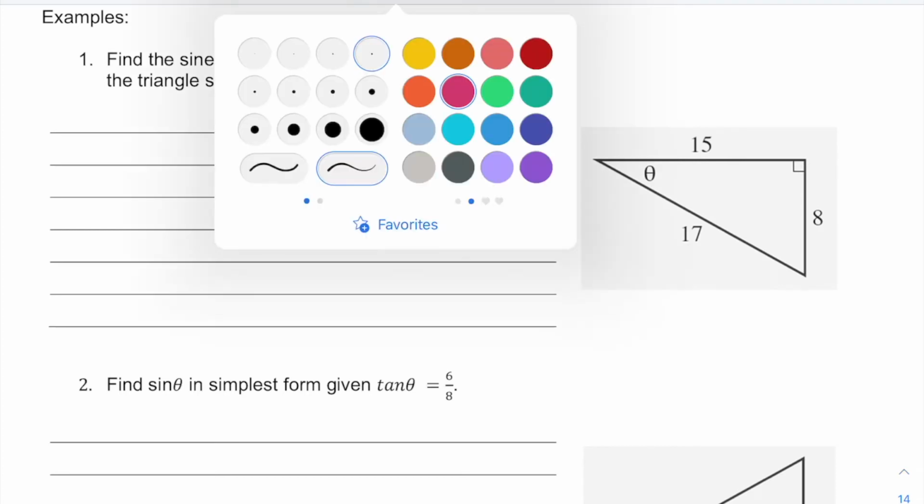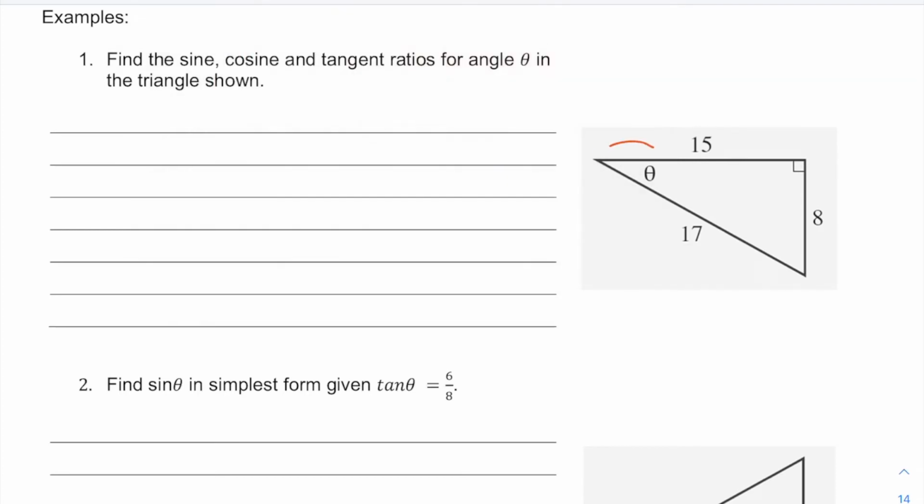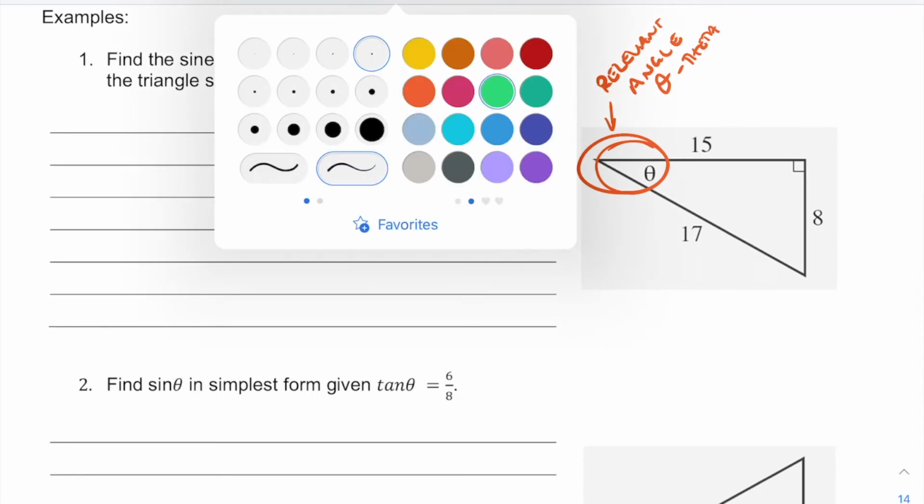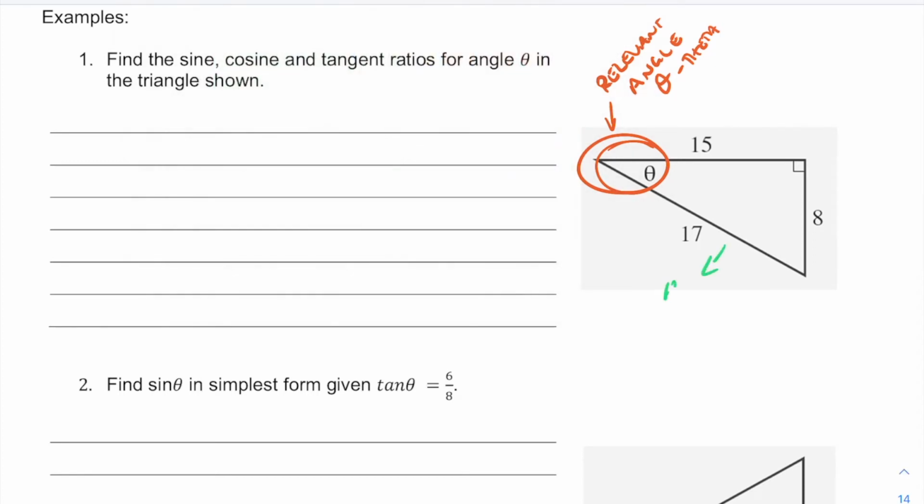Okay, I'm just going to change my color again. Here's our relevant angle, marked with a theta. Okay, and now from there we can label our sides. Now we already know that this is the hypotenuse.